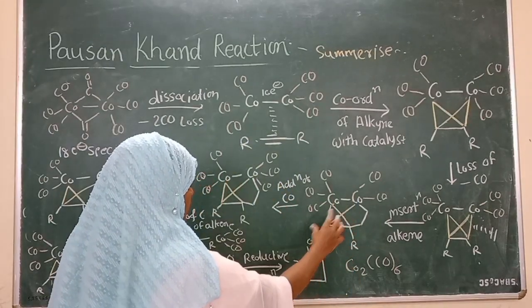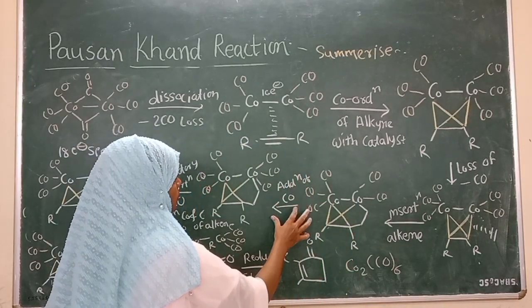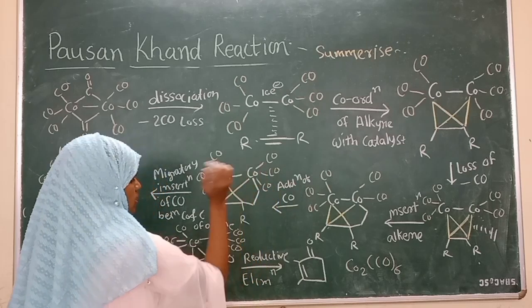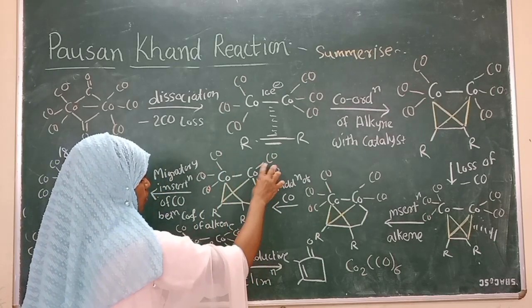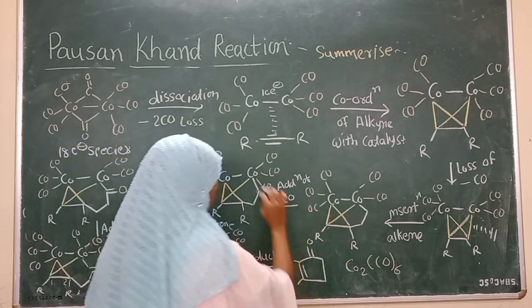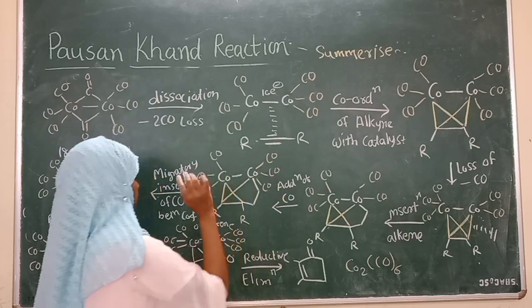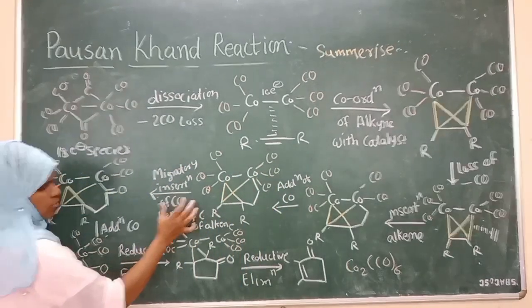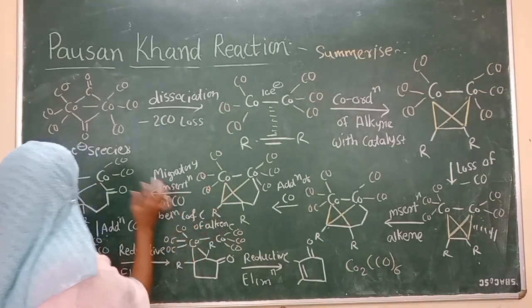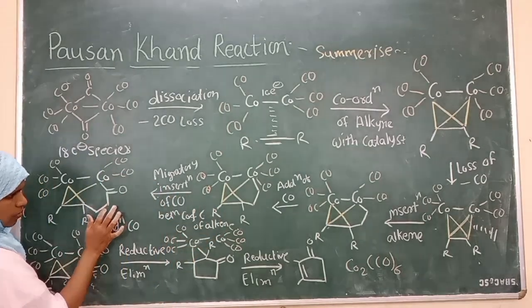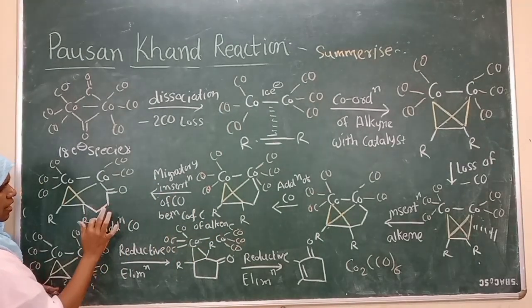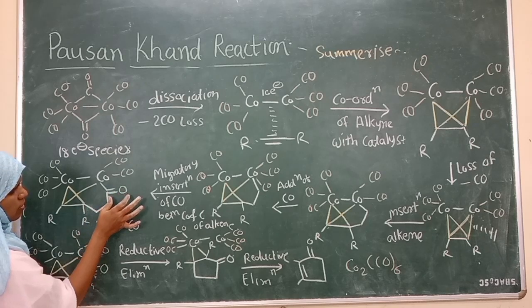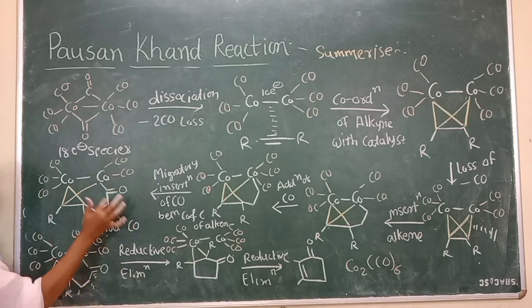After the alkene insertion, one carbonyl is added on this cobalt, and the addition of two carbonyls converts it into a three carbonyl group. After that, migratory insertion of CO takes place between the cobalt and alkene. This carbonyl group is indicated by green color.